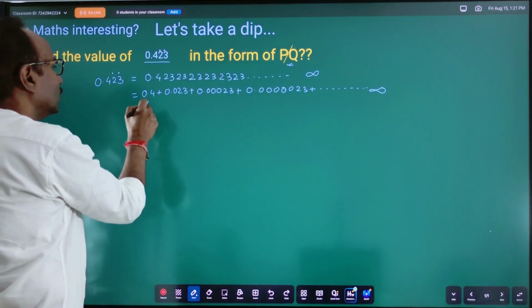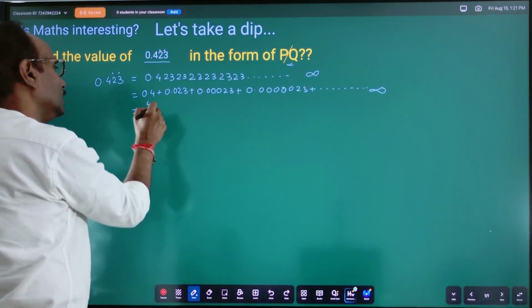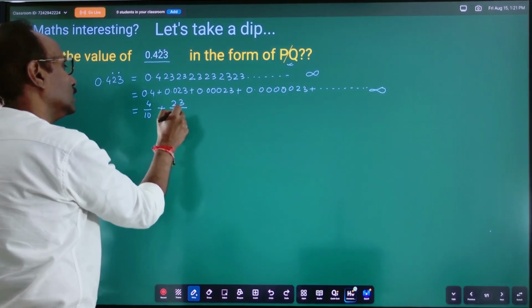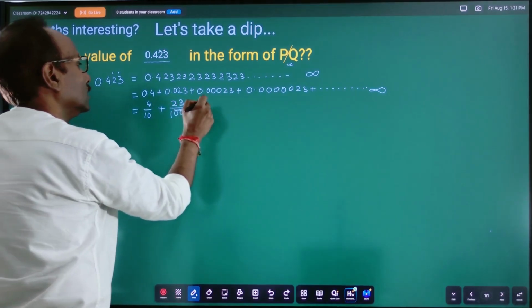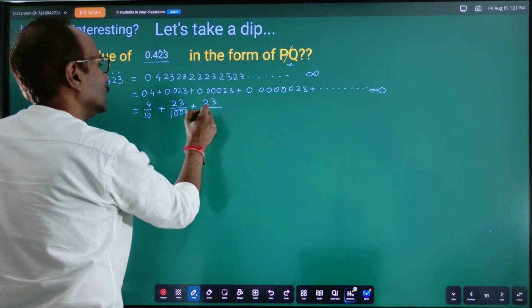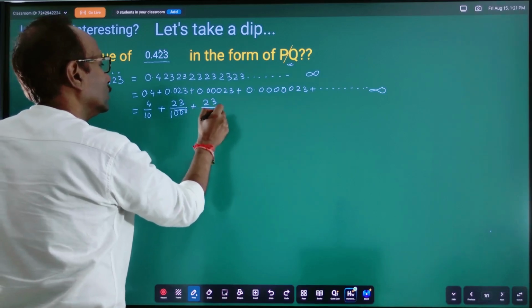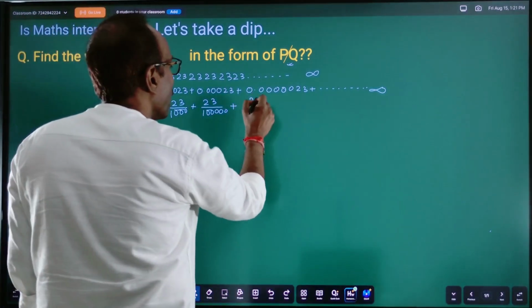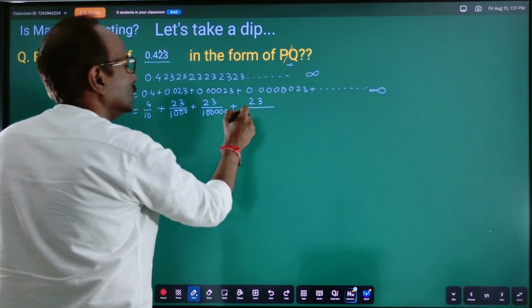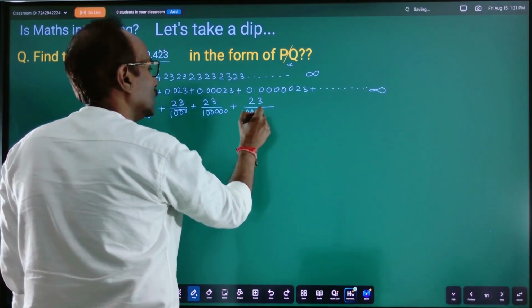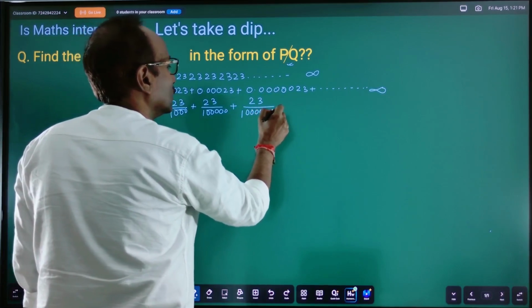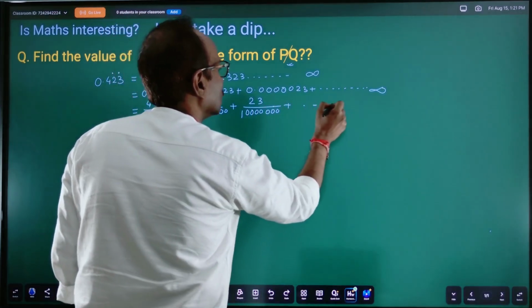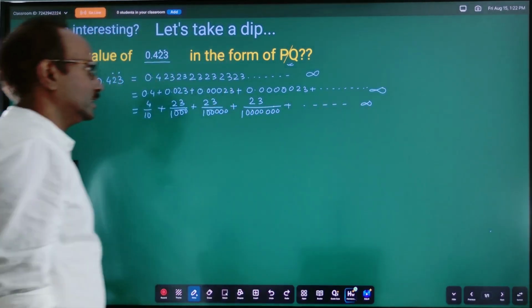So convert all the numbers in that form: 4 by 10, 23 by 1000, 23 by 100,000, 23 by 10,000,000, till infinity.